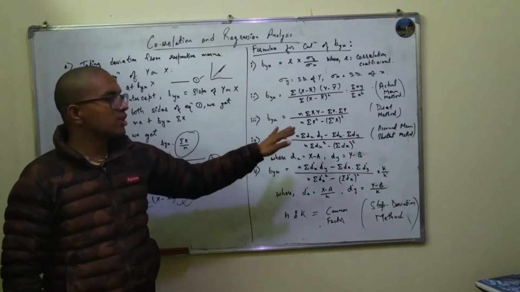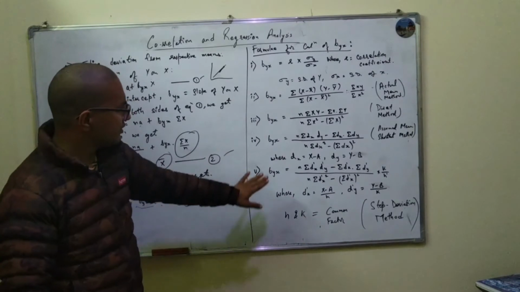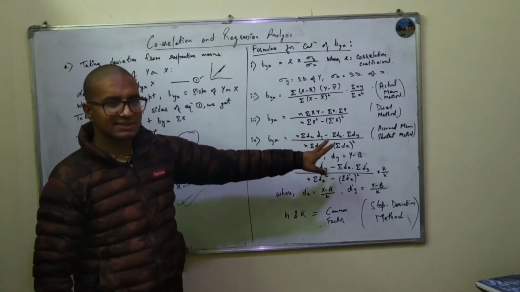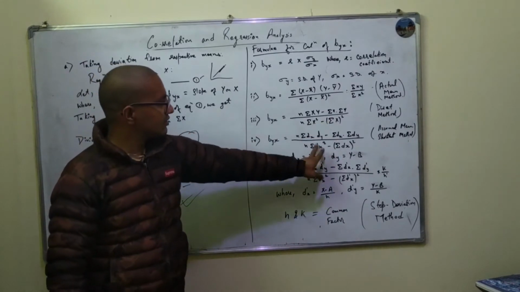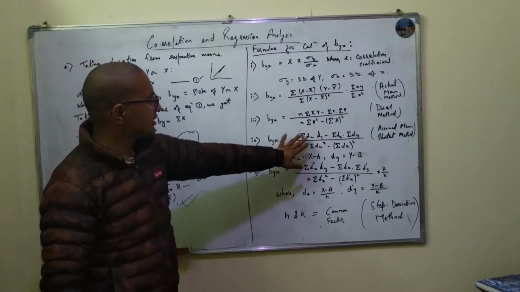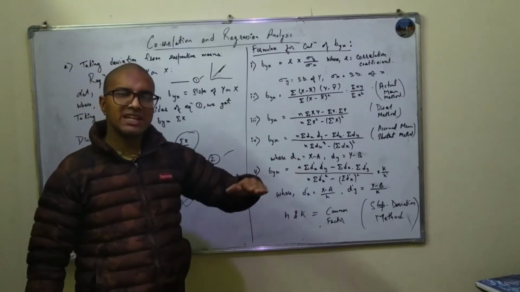So this will be the direct method. In case of byx, just the same thing. All you're doing is replacing x by dx, dy, and the same thing in the formula as well. Pretty much the same formula, just the denotation is different, and what they mean is also different.